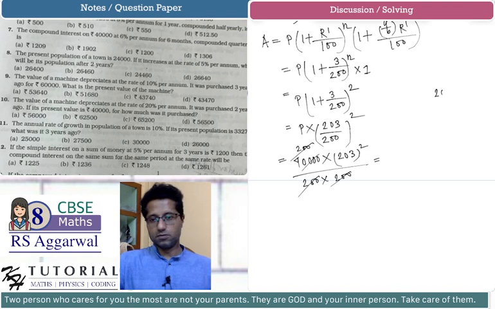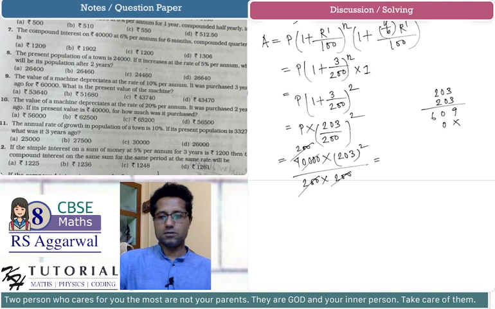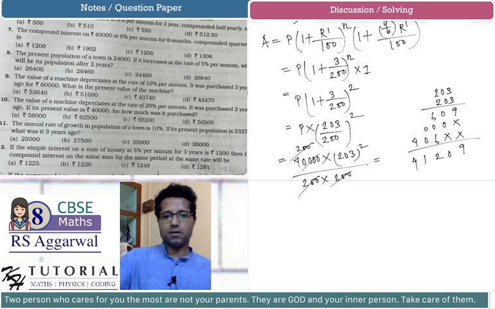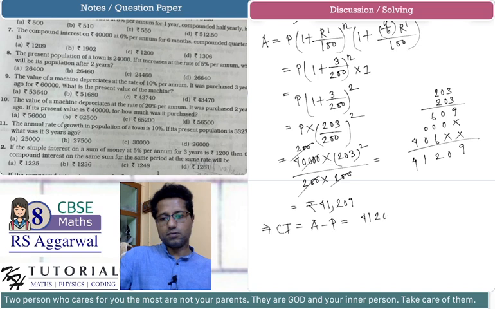So what is 203 square? 41,209 rupees. So this implies the compound interest is equal to amount minus P, which is equal to 41,209 minus 40,000.